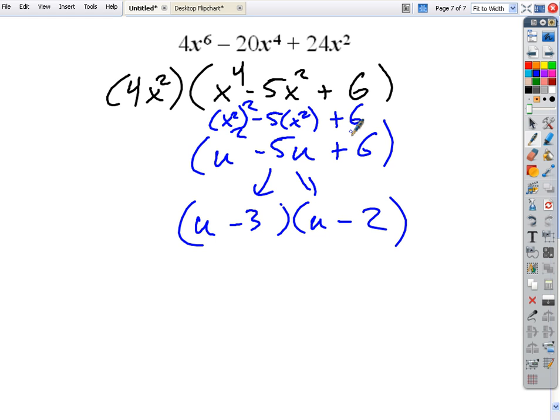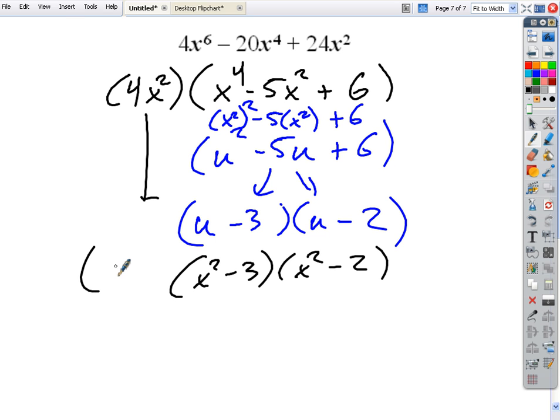Right? And then I can rewrite this guy as x squared minus 3 times x squared minus 2, and 4x squared out front, and we got it. And I couldn't really go any further, could I? Neither of those could be written as a difference of squares.